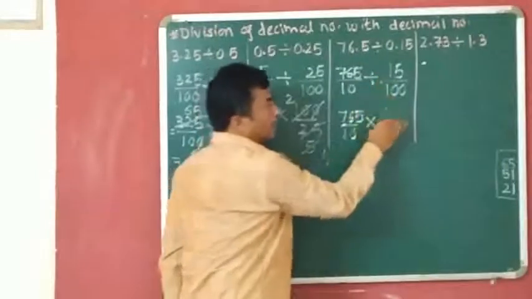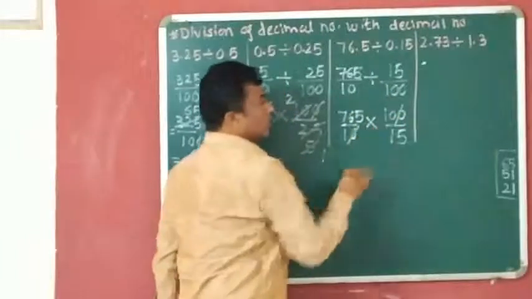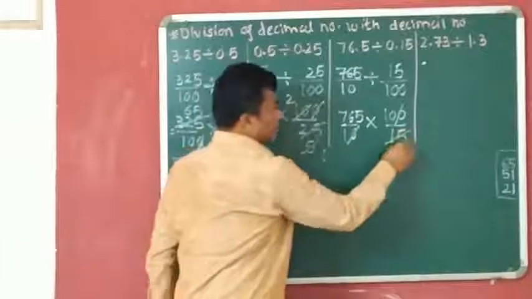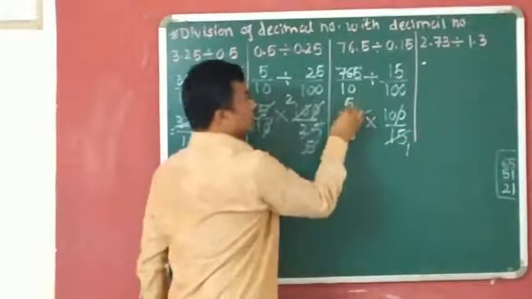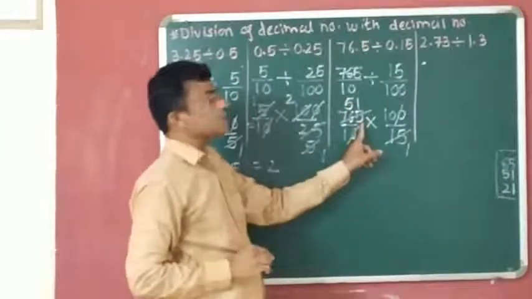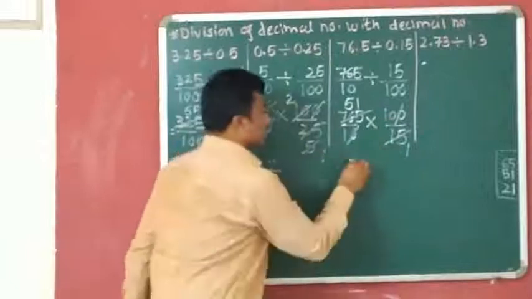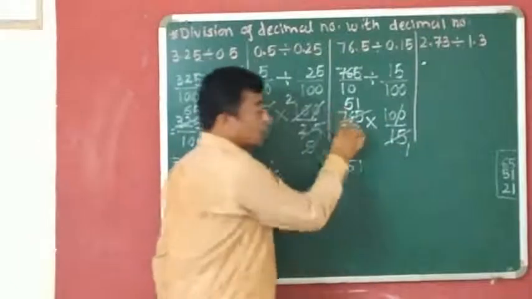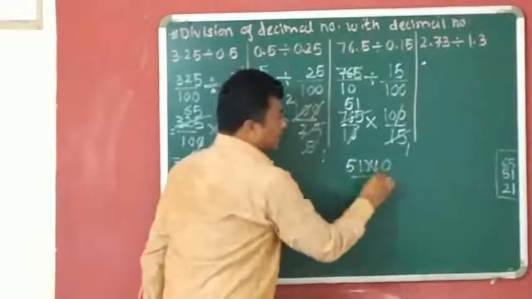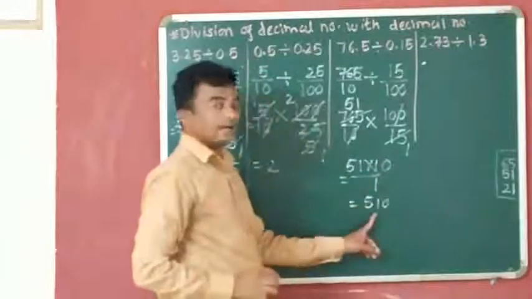The reciprocal of 15 by 100 is what? 100 by 15. 0 cancels. Now here 15 1s are 15 and 15 51s are 765. So the final answer is 51 multiply 10 and downside 1. So its answer is 510.